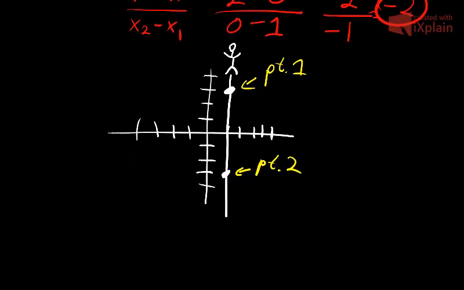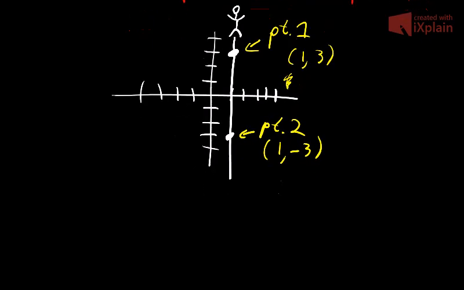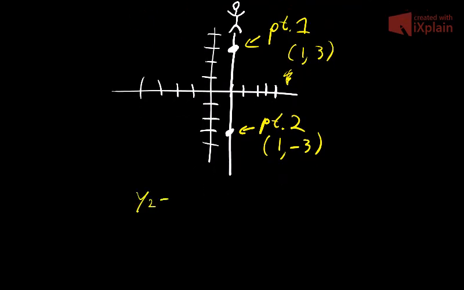Looking at this, point 1 has coordinates (1, 3), and point 2 has coordinates (1, -3). That should go down here, (1, -3). So looking at our formula, we're going to have y2 minus y1 divided by x2 minus x1.